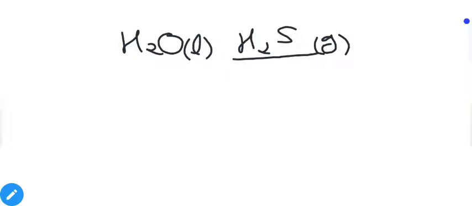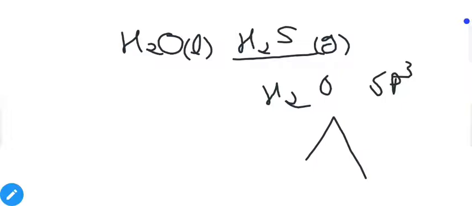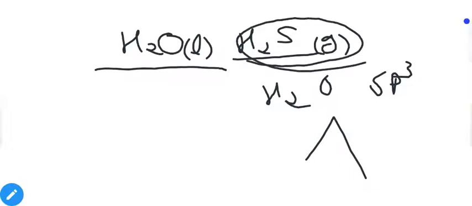Although all the group 16 members give the same type of configuration with hydrogen, that means all of them give an H2O type molecular formula, all of them are sp3 hybridized, and all of them are bent shaped molecules. But still only H2O is in liquid state, whereas all the other members give gaseous molecules.